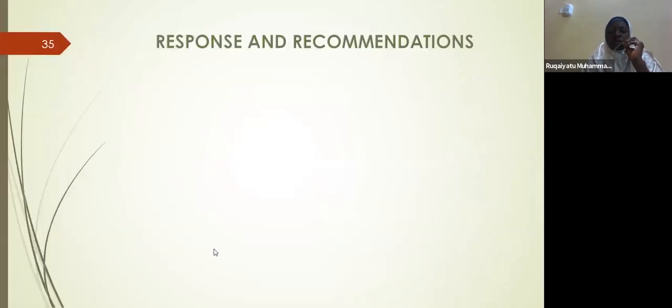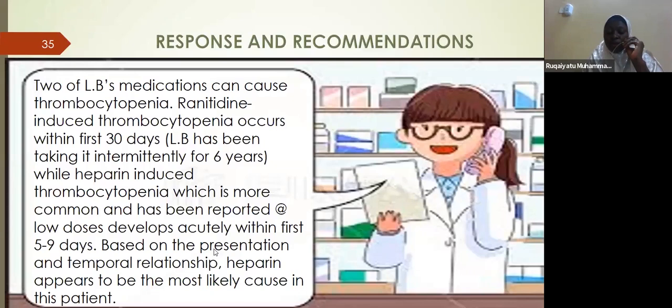So for us to now synthesize our response and our recommendation, if we remember, our initial question was, can ranitidine cause thrombocytopenia? Our response is going to be that two of LB's medications can cause thrombocytopenia. Ranitidine-induced thrombocytopenia occurs within the first 30 days. It's important for us to give a little detail to the requester about how we came up with our response, because that will also be a guide for the requester to understand our recommendations.